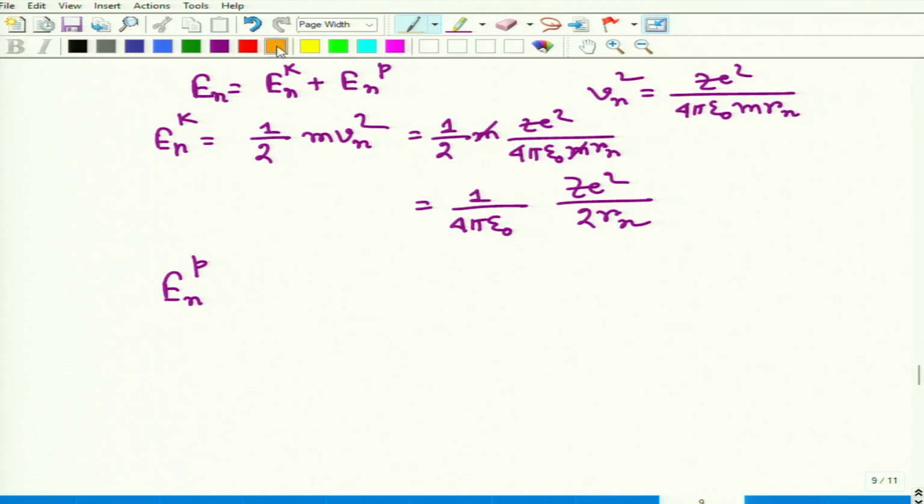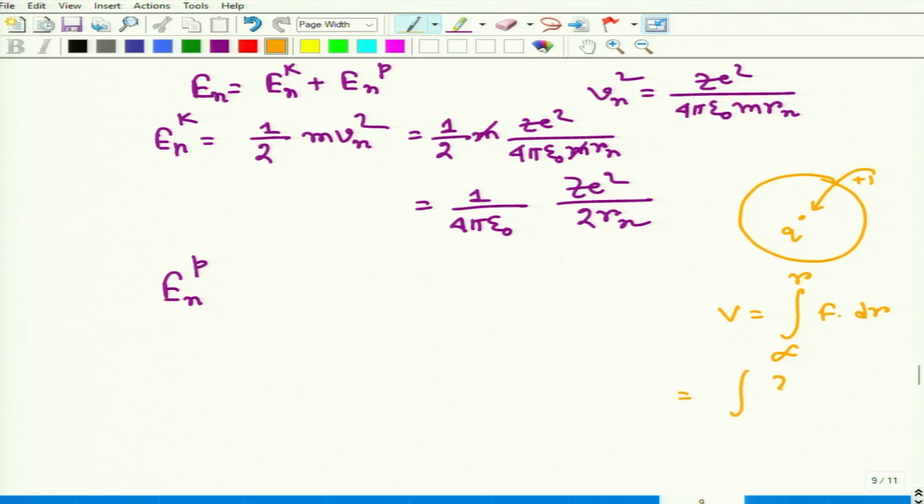We know how we calculate the potential energy in electrostatics. If there is some positive charge, let's say some charge Q, and a unit charge is coming in the electrostatic field, then the potential energy V is calculated like this: the force F dr, with r going from infinity to R, right? So what will be the F?